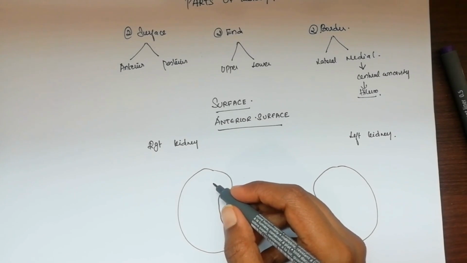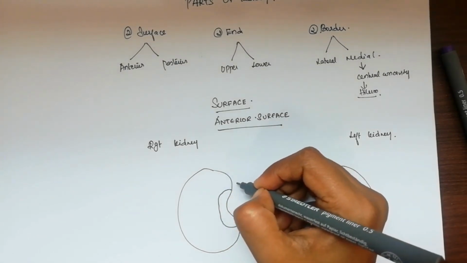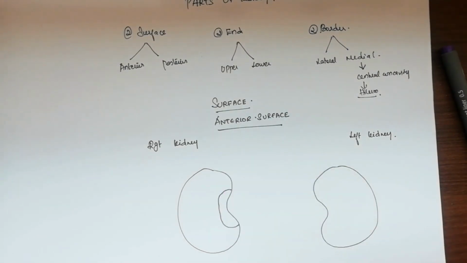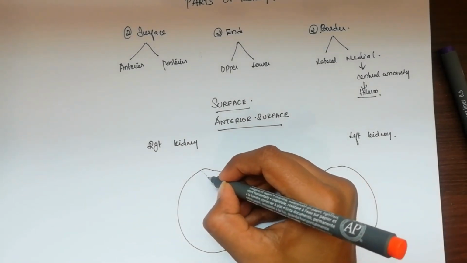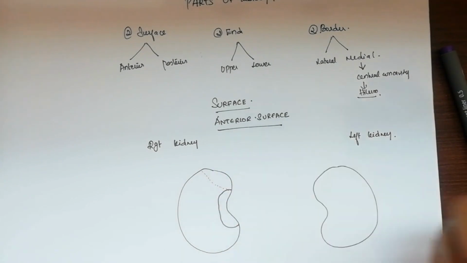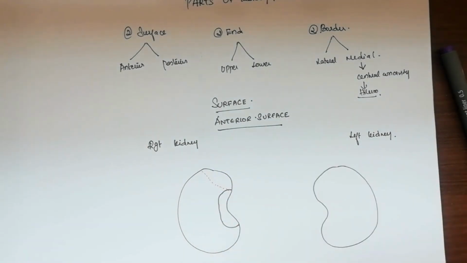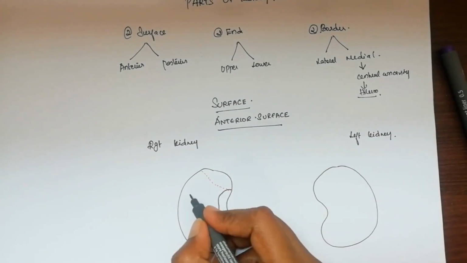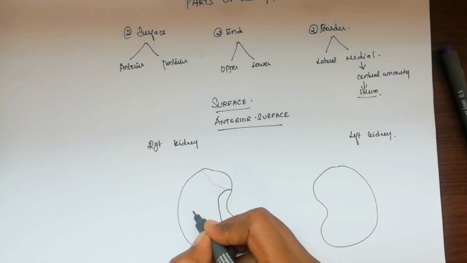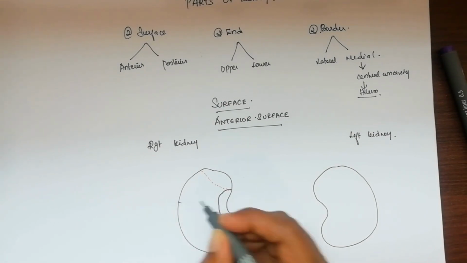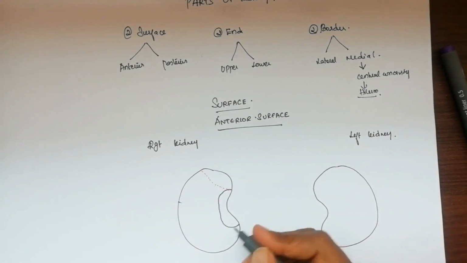Just above the duodenum, in the upper end of the right kidney, the suprarenal gland is related. Then the area just below the suprarenal gland, this whole area, is related to the liver.